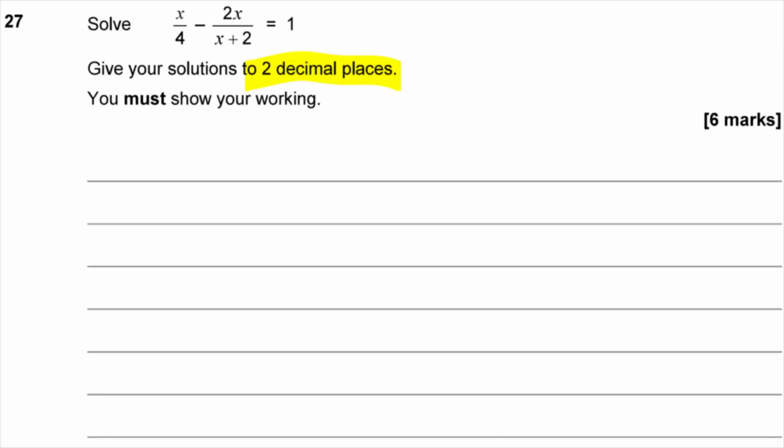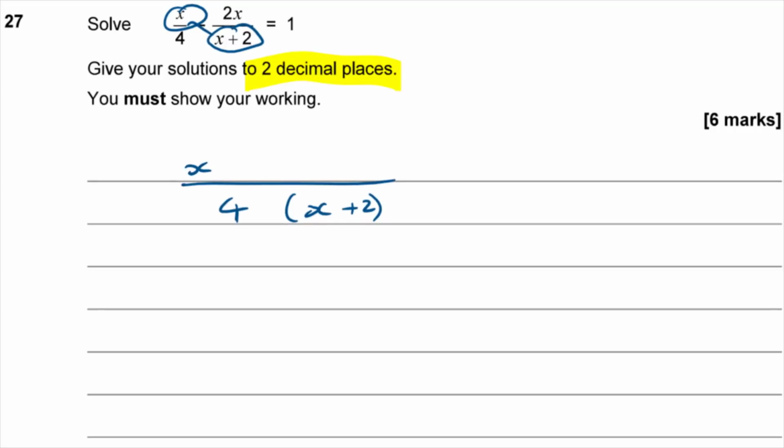Okay, let's take the left hand side first and try and put it over one fraction rather than 2. So if I make the denominator 4 lots of x plus 2, I can do that by taking this value here and multiplying it by this one.